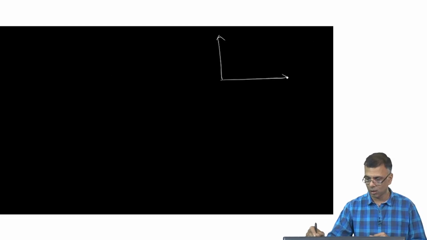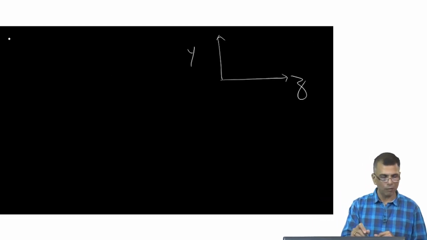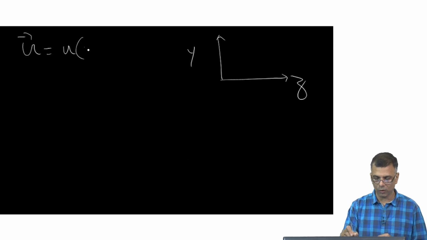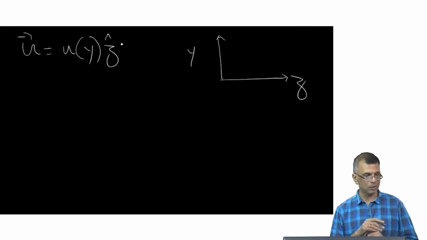It's quite simple. So let us consider a situation where you have a two-dimensional flow, and same thing as before. You have z like this and y like this. So you have a situation where u is equal to u as a function of y in the z direction.